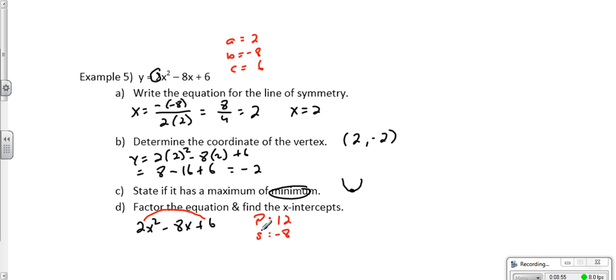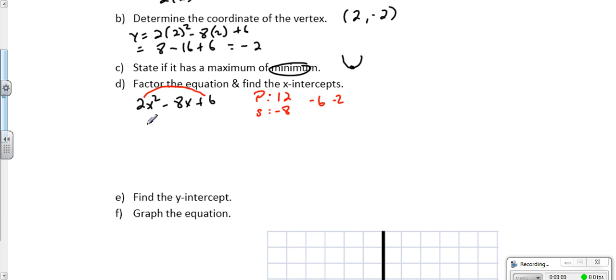And we factored this by grouping, if you remember, because this a is not a 1, it's a 2. So here we're saying, okay, 6 and 2 work, but they both have to be negative. So we're going to rewrite this as 2x squared minus 6x minus 2x plus 6.